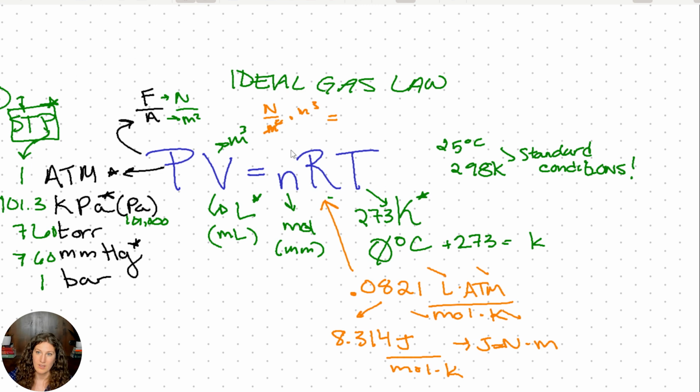Do that math out. We're getting rid of meters squared and leaving 1 meter. That's a Newton meter. So just so you know, pressure times volume is a joule. And specifically the conversion they're using in this particular unit conversion is that a joule is equal to 1 Pascal times meters cubed.